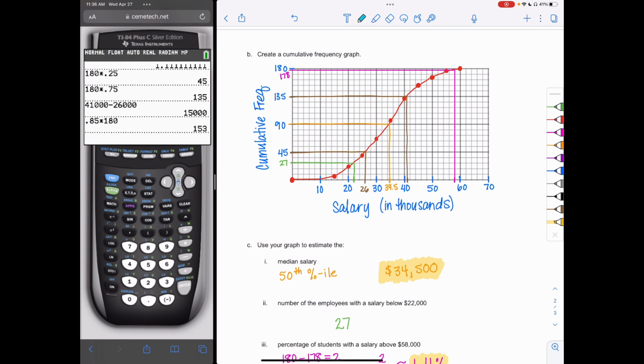And I know that if I do 135 plus 9 plus 9, that's 153. So I know 153 is here, two units above 135. So when I go to that 153 here, I'm going to trace over, and then I'm going to touch my graph, and then I'm going to come down.